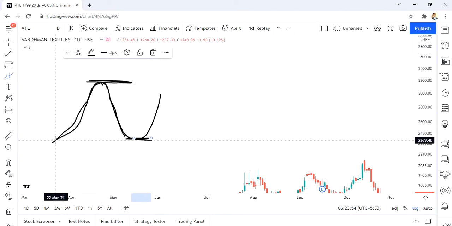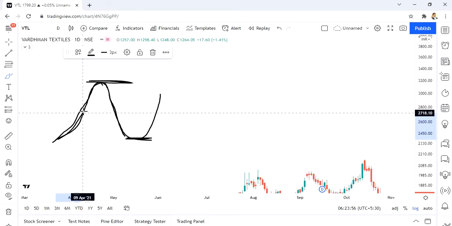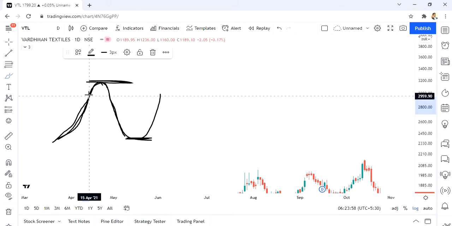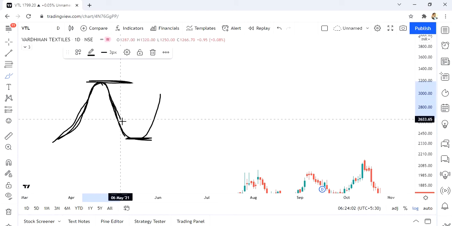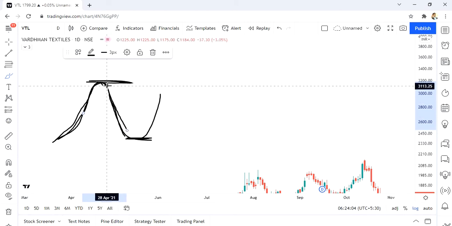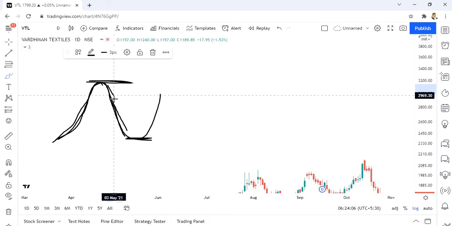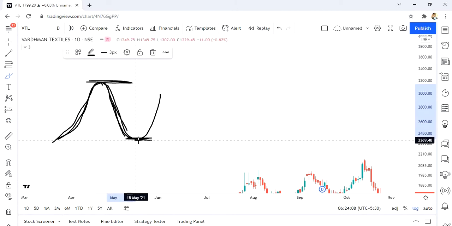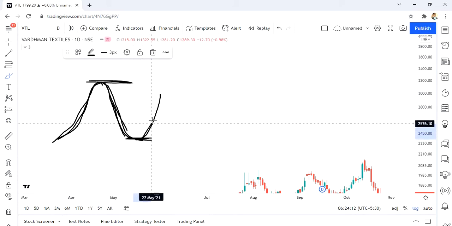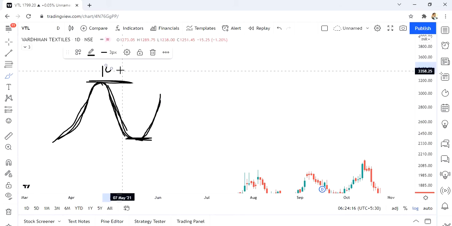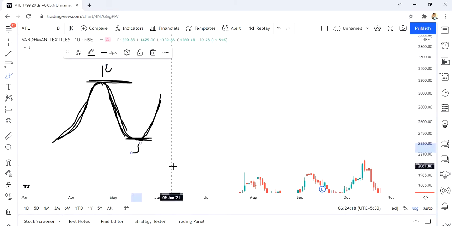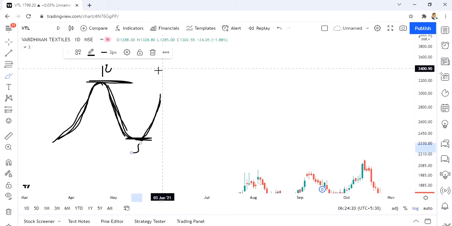A level of resistance is a zone from where the price has previously been rising, and suddenly it stops, makes a U-turn and starts to fall from there. And a support level is a zone from where the price has been previously falling, reaches a certain price level, and takes a U-turn and starts to rise from that level. So this level is a level of resistance, this level is a level of support. This is as simple as that.